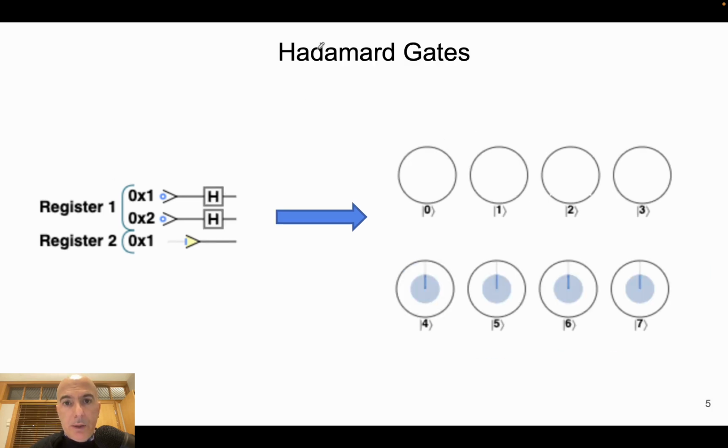After the initialization, we can apply 2 Hadamard gates on the register 1 qubits. Applying these quantum gates on the 0, we put register 1 in a superposition of states. So each state will have equal probability of being observed.